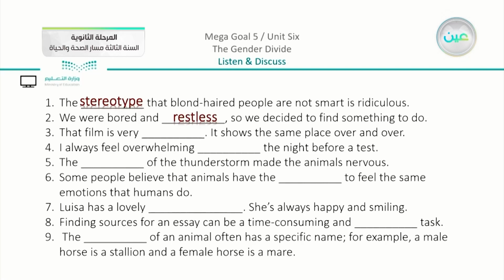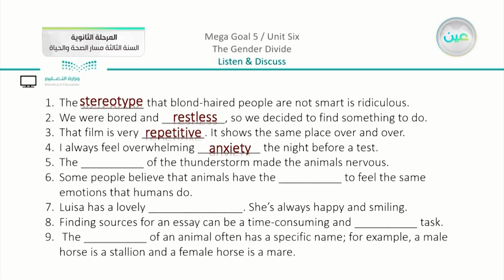Now when we say that something is over and over, we have here something that is repetitive. Now moving on, I always feel overwhelmed the night before a test. Now the night before a test, we can feel that there is some kind of feeling that can be anxiety.